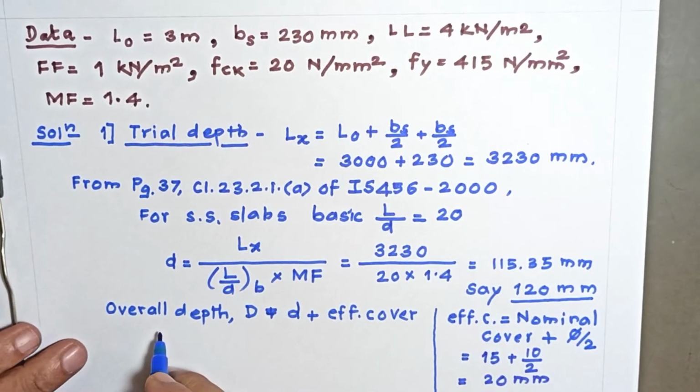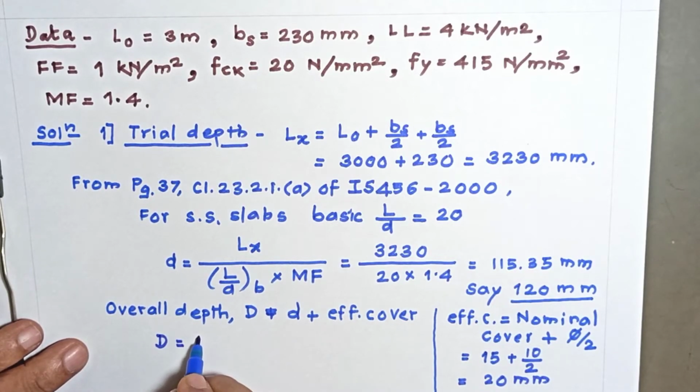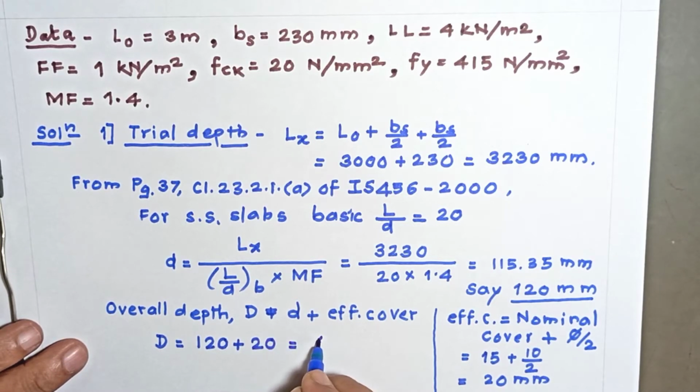And therefore, we can say that overall depth of the slab is equal to 120 mm, that is the effective depth, plus 15 mm, that is nominal cover, plus 10 by 2, that is 20 mm, and hence this will be 140 mm.